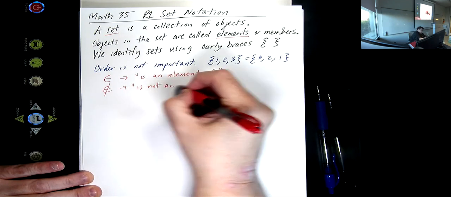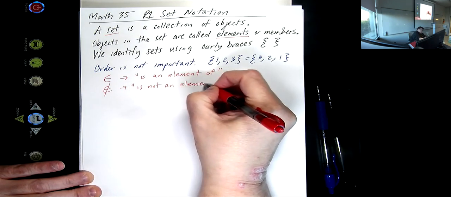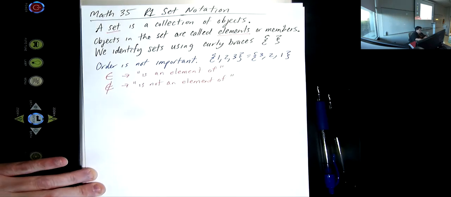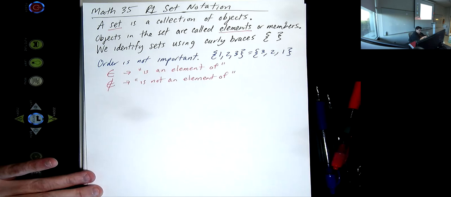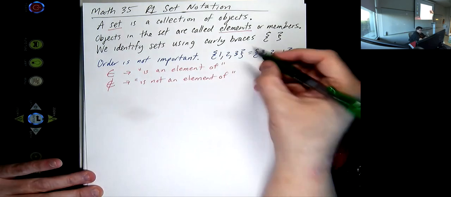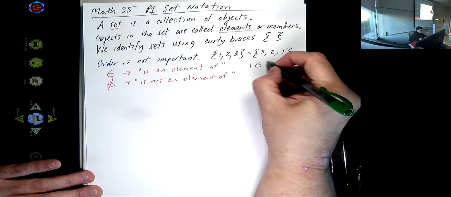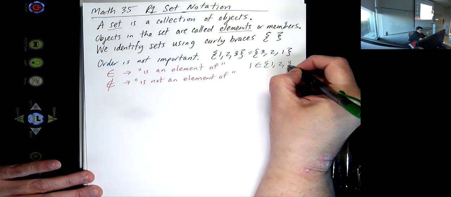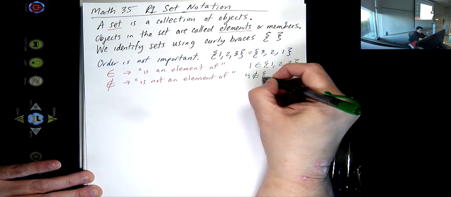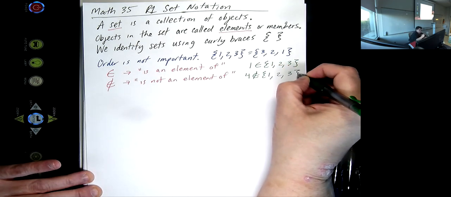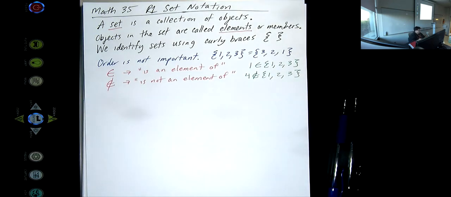I'll give an example in a second. 1 is an element of {1, 2, 3}. 4 is not an element of {1, 2, 3}. And it may be obvious, you may go, I can see that it's not an element. I can see whether it's in it or not.